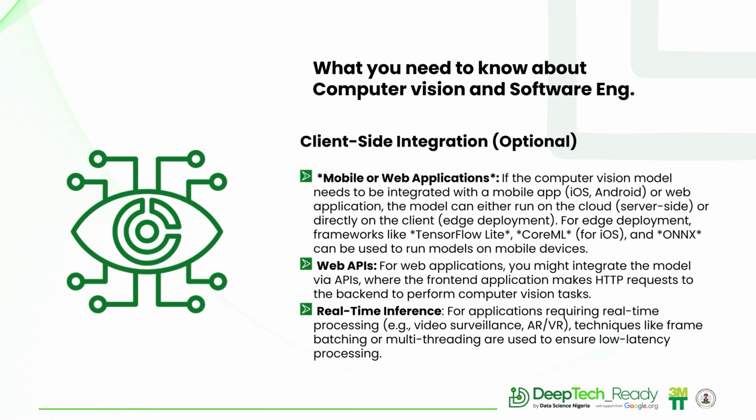That's the server side. So for edge deployment, let's say you've trained or built a TensorFlow model and you want to deploy it. Edge deployment frameworks like TensorFlow Lite, CoreML for iOS, and ONNX, I usually call it ONX, can be used to run models on mobile devices.